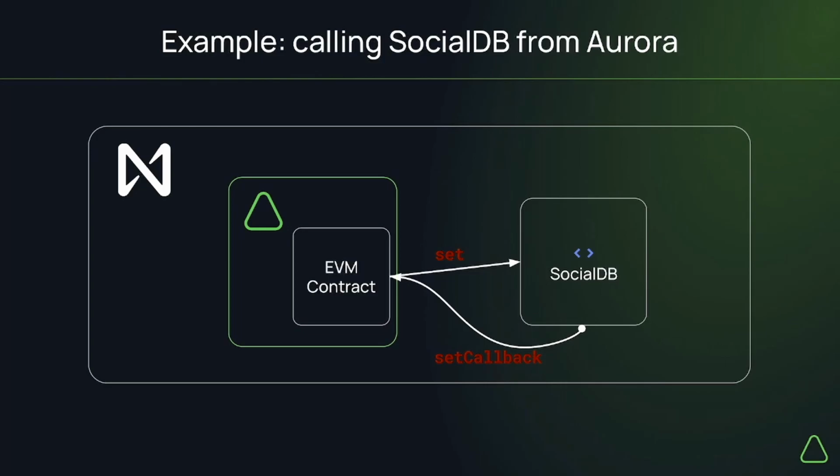And we're going to include a callback back to the EVM so that we can get the result of that call. Now, the set method on social DB is exactly how you store data in the contract. So again, you could try to use this, for example, to try to build a MetaMask or other Ethereum wallet-based entry point into near social.